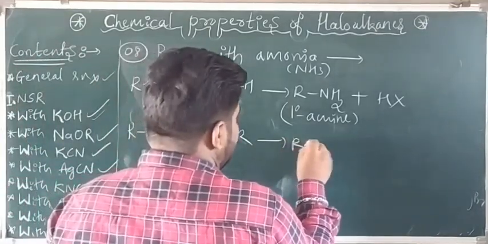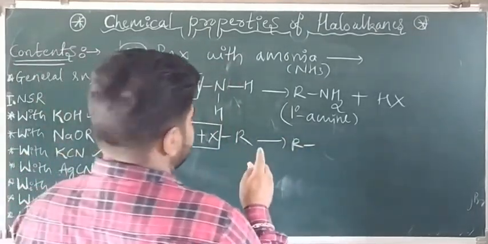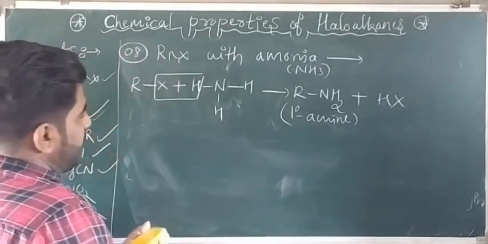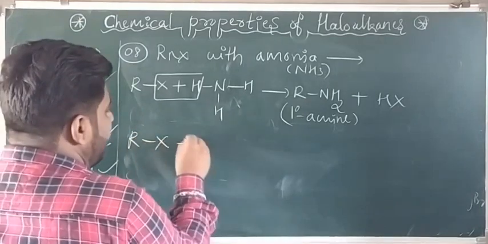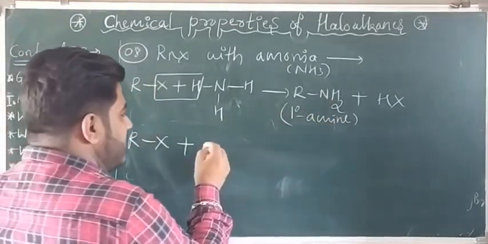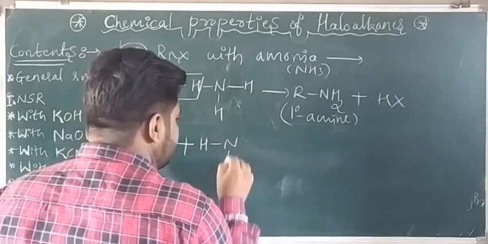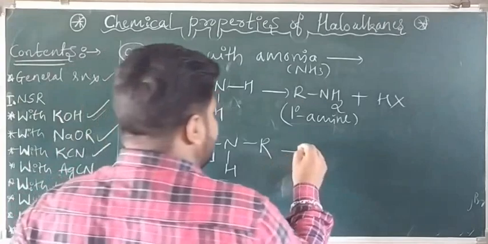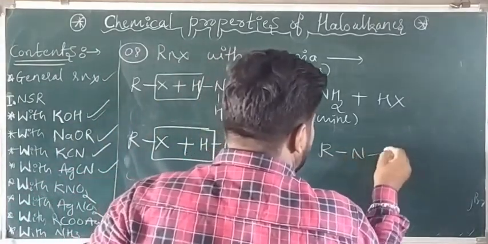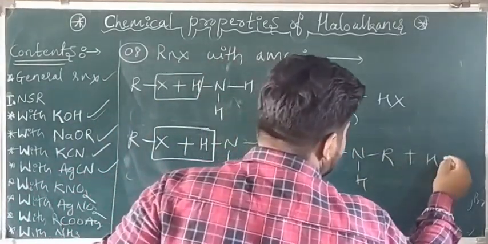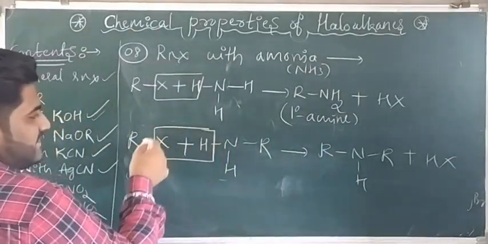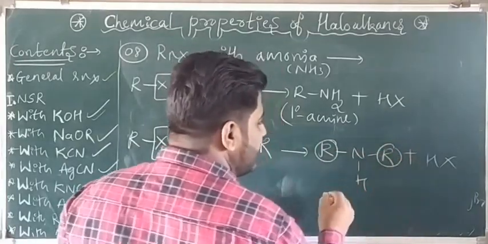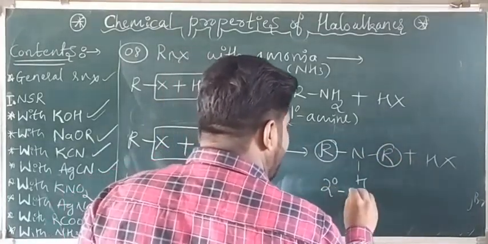So here, when we add haloalkane to another molecule of primary amine, RNH2, HX is eliminated and we are getting R, N, R and H. So carefully see here, this HX is eliminated, this R is bonded to this nitrogen. So two alkyl groups are present here, therefore this is called secondary amine.